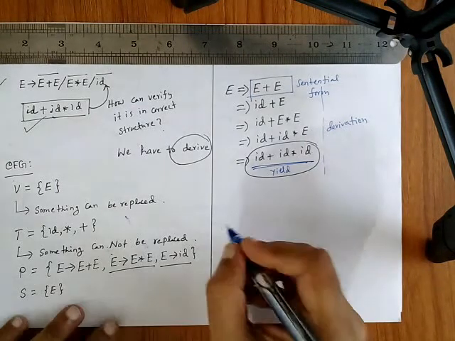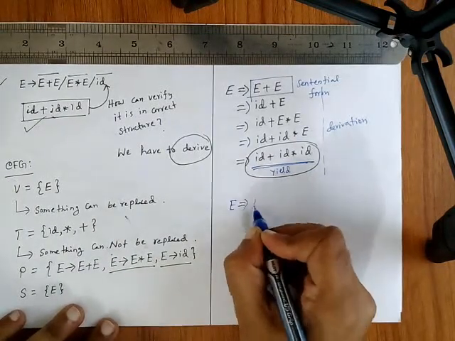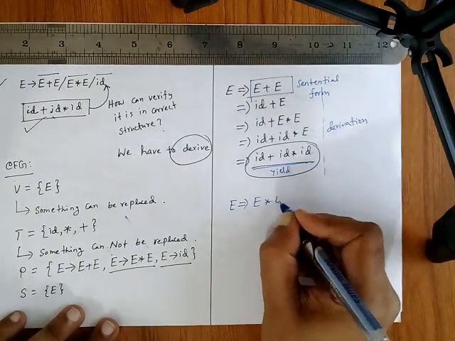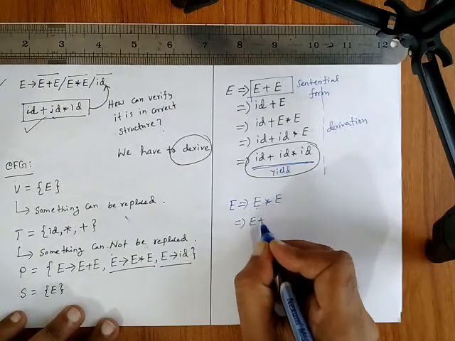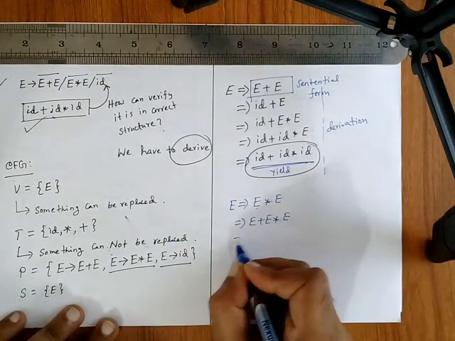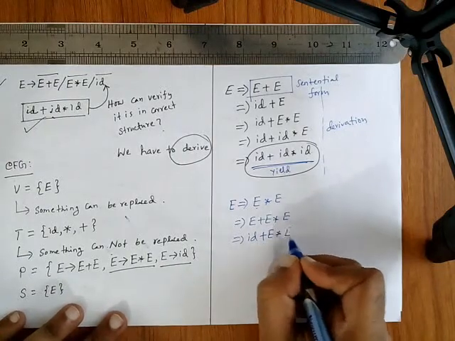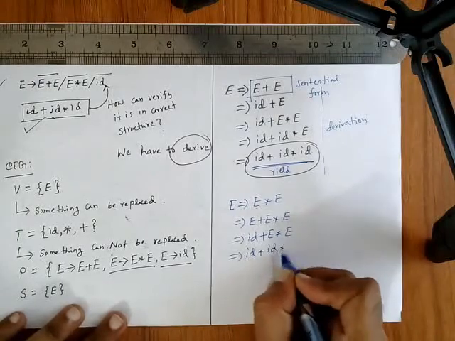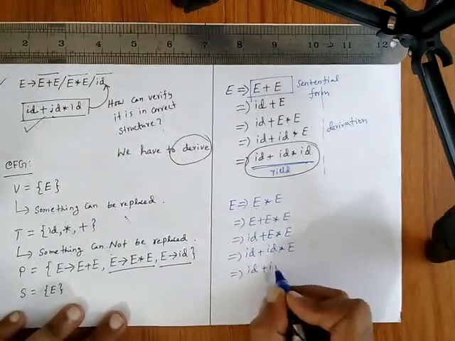Okay, so E derives E star E, then what? This E is derived by E plus E star E, then this E becomes ID, plus E star E, then ID plus ID star E, then finally ID plus ID star ID.